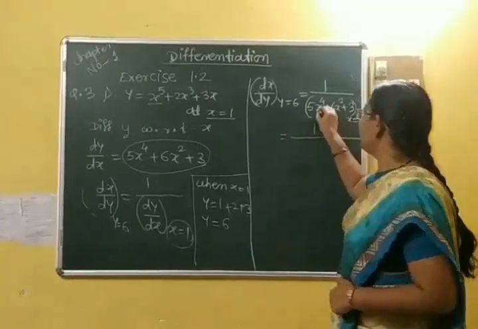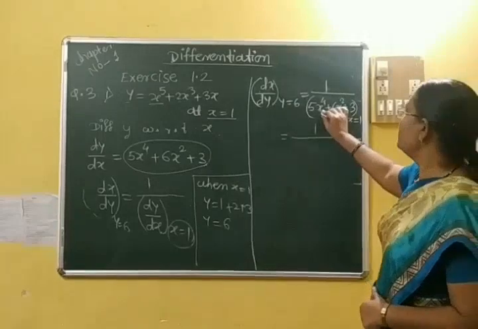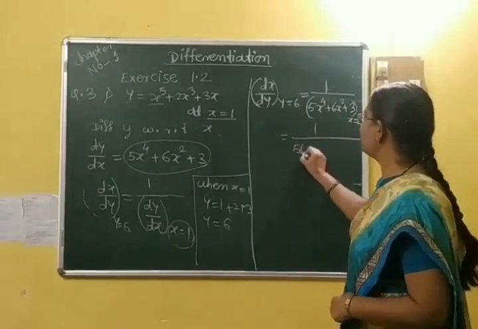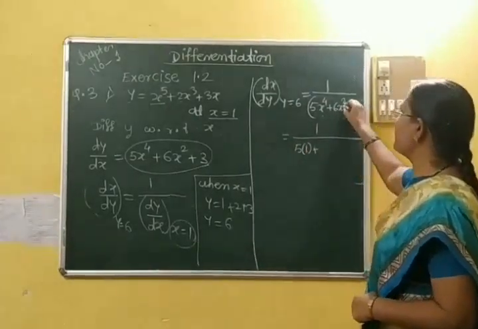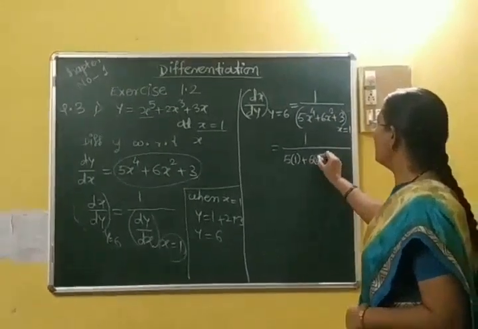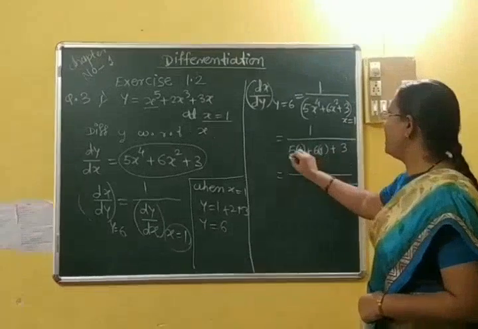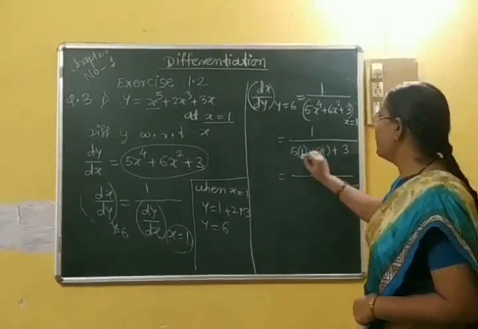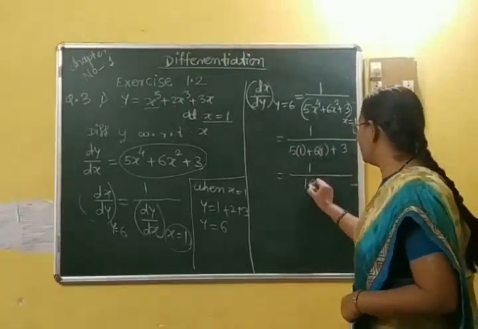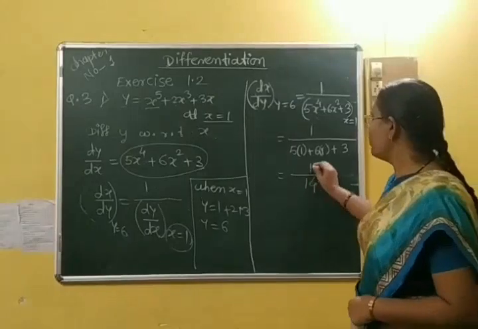Putting x equal to 1, that is 5 into 1 raised to 4 is 5, plus 6 into x square, that is 6 into 1, plus 3. So it is 1 upon 5 plus 6 plus 3. 5 plus 6 is 11, plus 3 is 14, so 1 upon 14 becomes the answer.